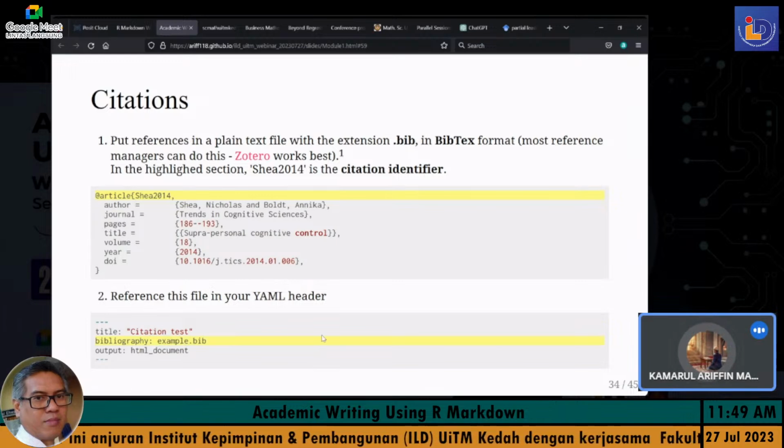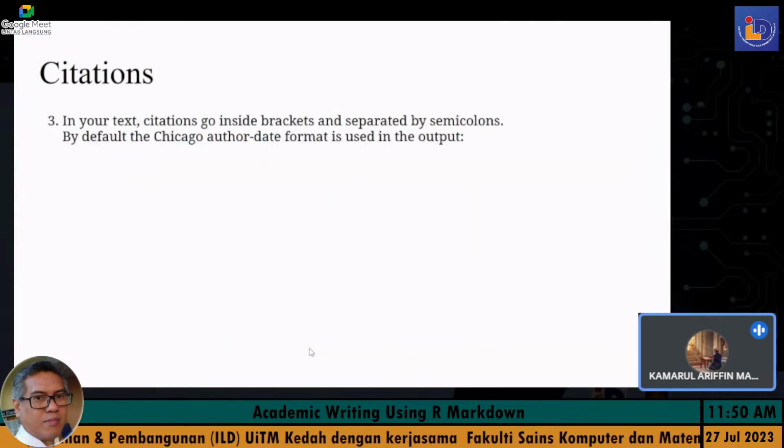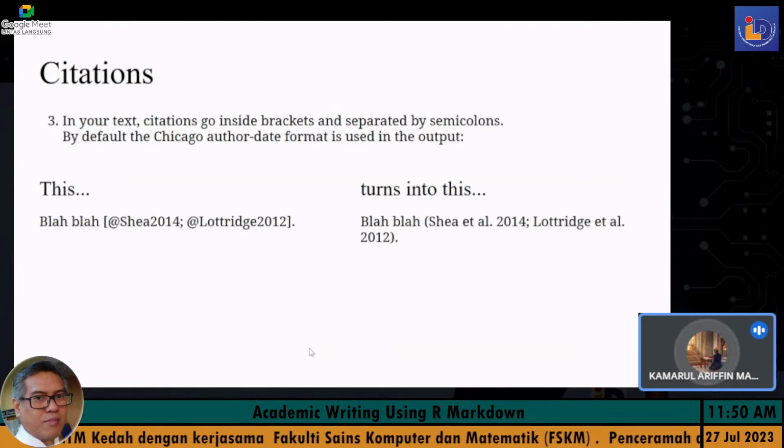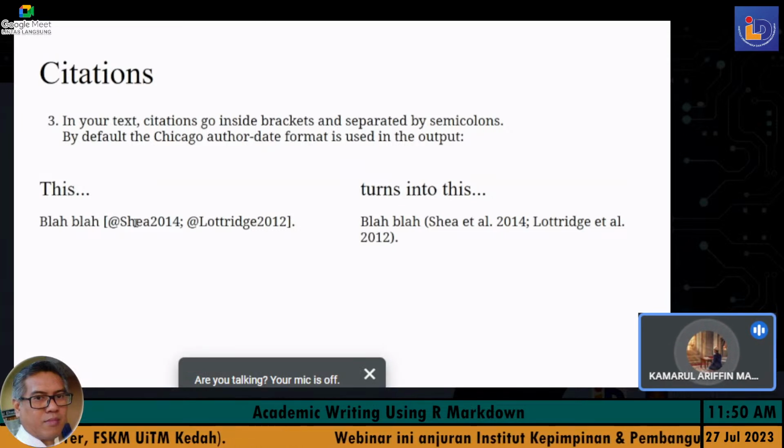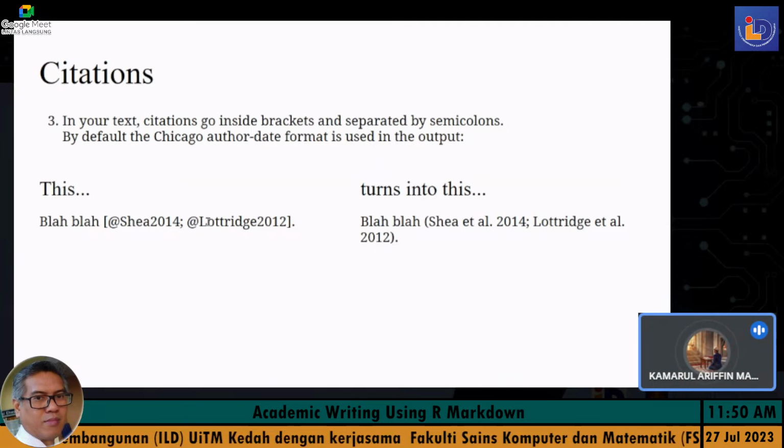So how to create the citation? The left side is what you write, and the right-hand side is what appears in your document. For example, if you write blah blah and then square bracket, at Shah 2014, semicolon, at Lowry 2012, and then close the square bracket, in your document it will show blah blah, Shah et al. 2014, Lowry et al. 2012.